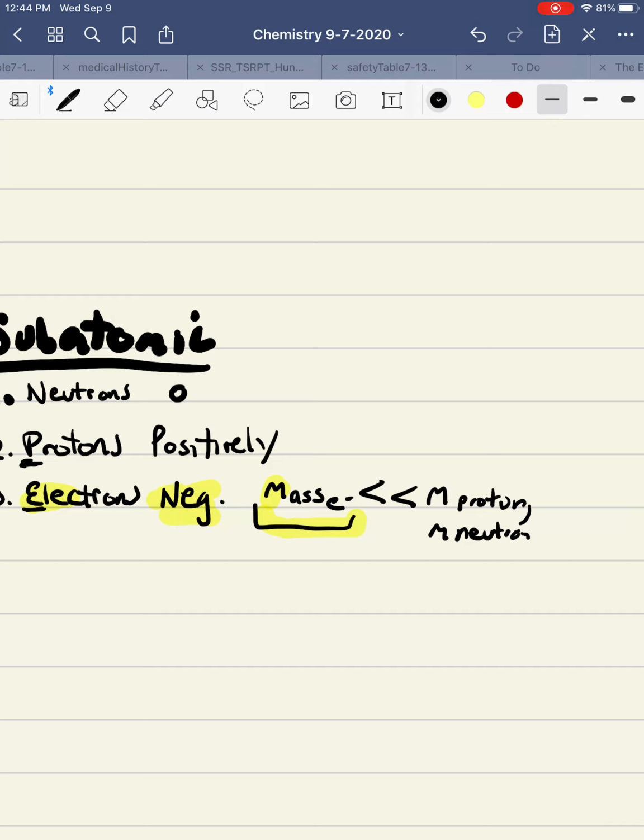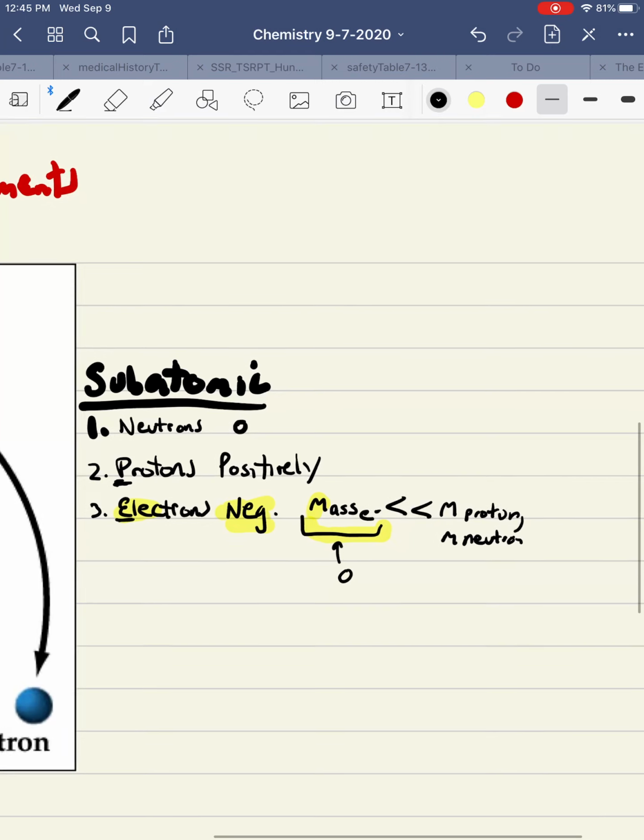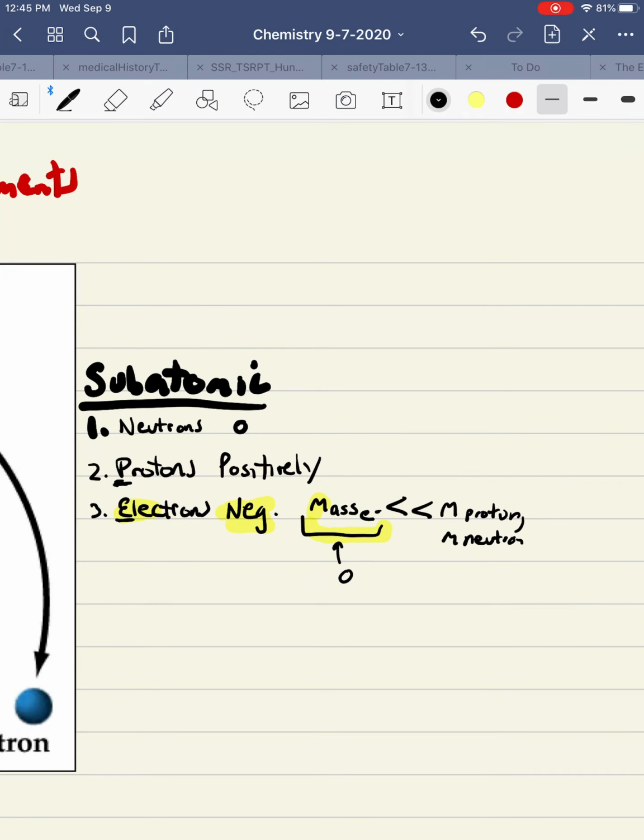To make a long story short, the mass is so small from an electron that we are going to discount it. In other words, the mass is 0 essentially for the electron. All right, we're just not going to include it in any calculations. That's why whenever we do the atomic mass, we just add the protons plus the neutrons.